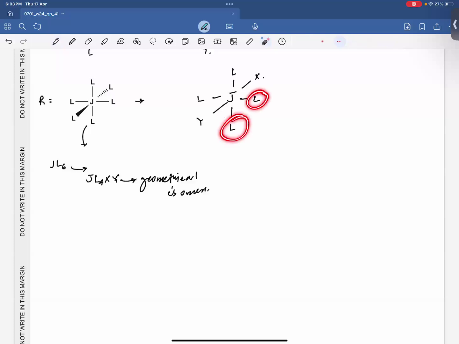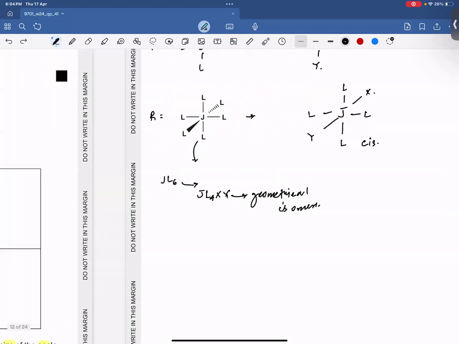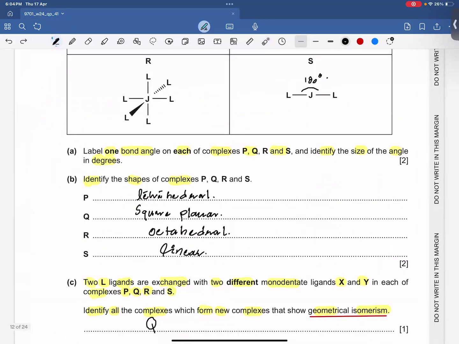So these two present on the same side of J, which means it is cis. और इसका ट्रांस भी बन सकता है, कुछ ऐसे हो सकता है ट्रांस. बट आई थिंक आर में भी होगा. Q and R.